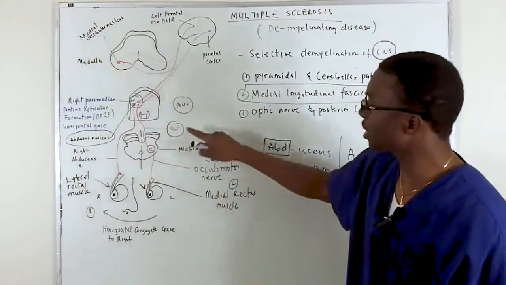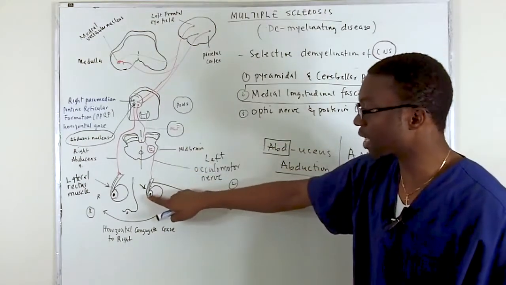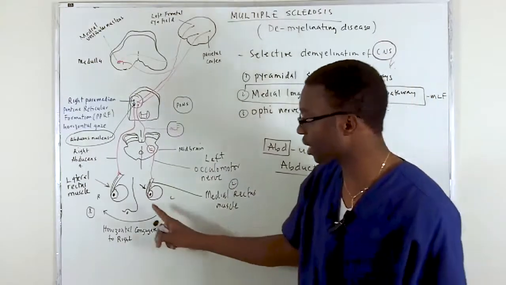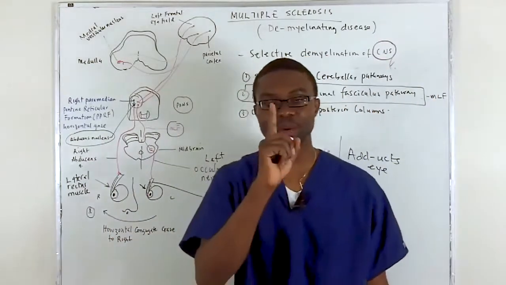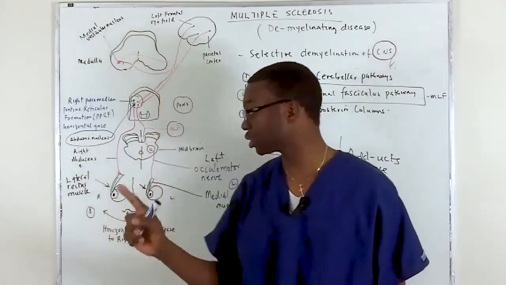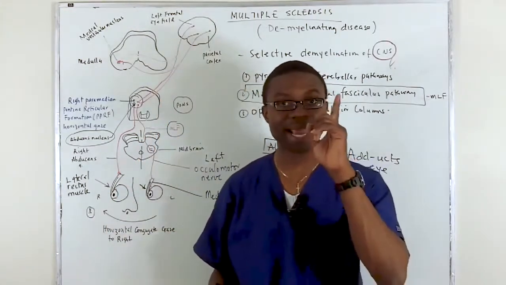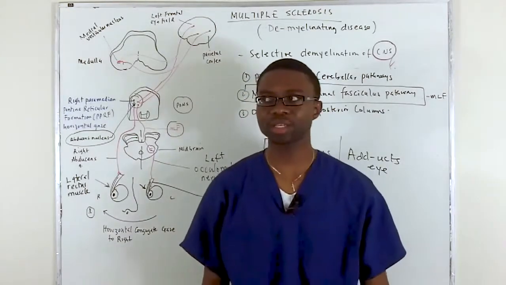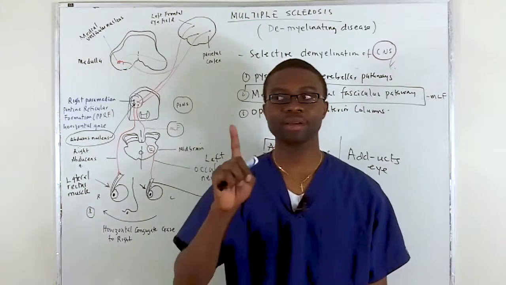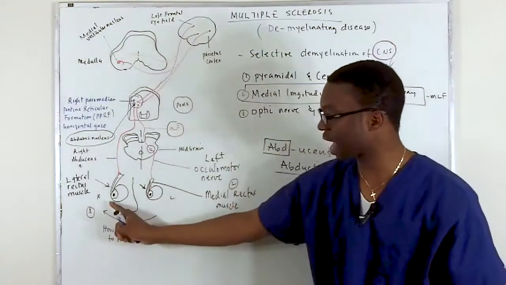Therefore, using the medial longitudinal fasciculus, I'm now going to be able to what? Adduct. As you can now see, the patient will be able to have a right abduction by using the lateral rectus muscle, and they're also going to be able to adduct their eye, as you can see when I move my eye without moving my head. My eyes like that, and that's like that. That is what you're seeing exactly on the board.